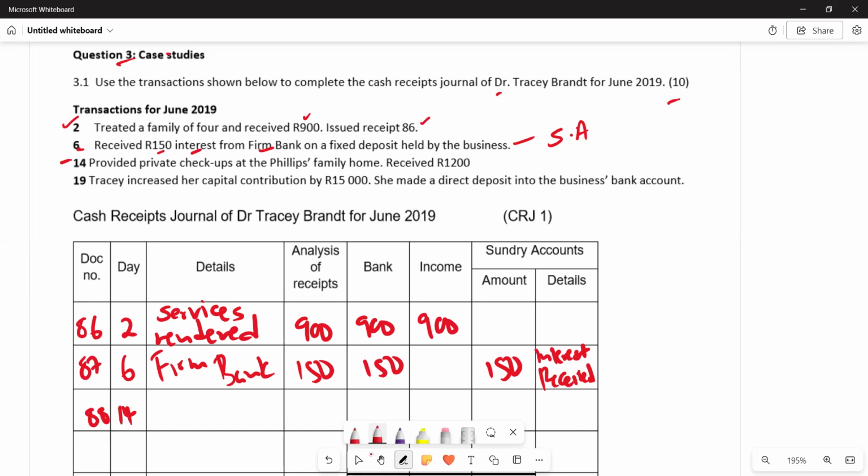So this is part of the core activity. These are services rendered. We have the same description that we have here because it's part of what the doctor is providing as services. So we say services rendered.